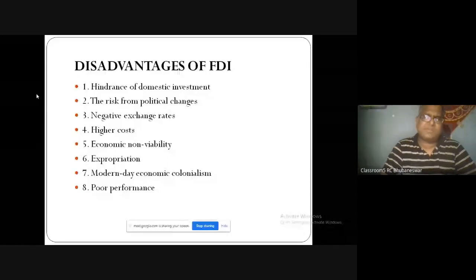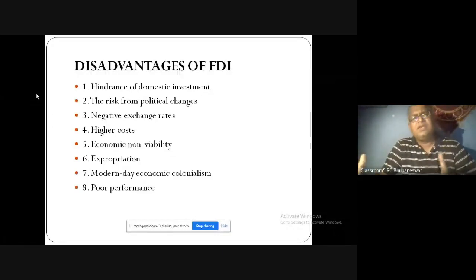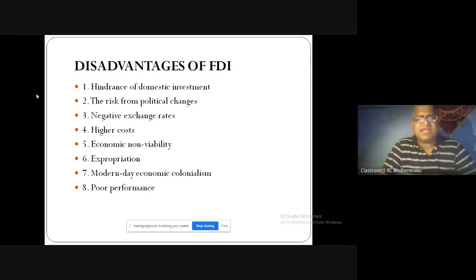There is also the risk from political changes: the political scenario changes, and in this way the FDI position also changes, or it indirectly impacts the investment pattern and exchange rates, high cost, non-viability of business, and there is modern economic colonization and poor performance. Poor performance means the performance of a particular company is also applicable to the negativity of FDI.